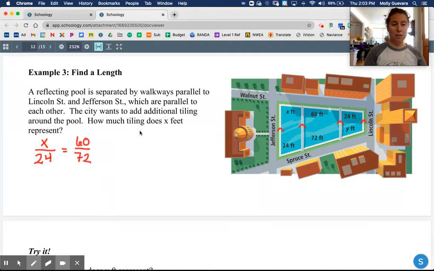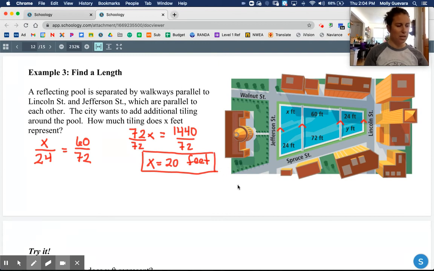Cross multiply and solve. 72 times x is 72x. 24 times 60 is 1440. Divide by 72. And I get that x is equal to 20 feet. So how much tile does x represent? 20 feet of tile.